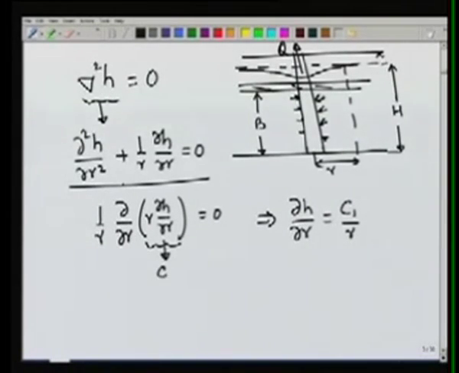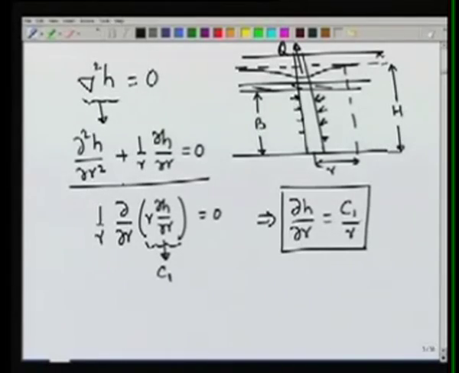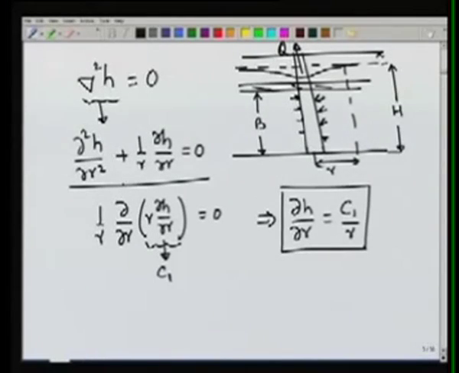So this constant, if we assume to be C1, then we can write partial of H with respect to r will be equal to C1 over r. So this gives us the derivative or the gradient of head at any location r, and you can see that the gradient is inversely proportional to r. So as you go away from the well, the gradient will decrease, which is also clear from the cone of depression, because the slope will be high in the early portion, and then as you move away, it becomes flat till the slope becomes 0 very far away from the well.